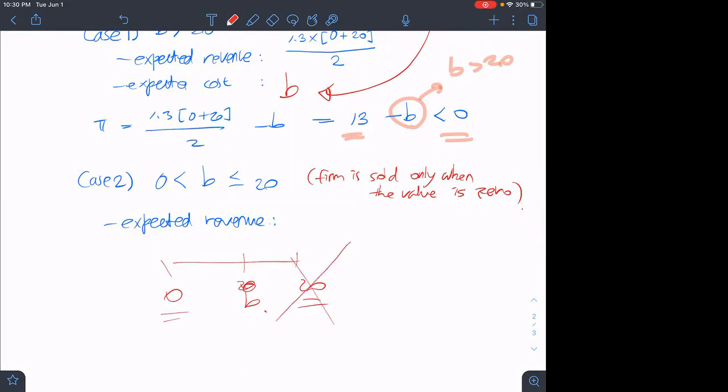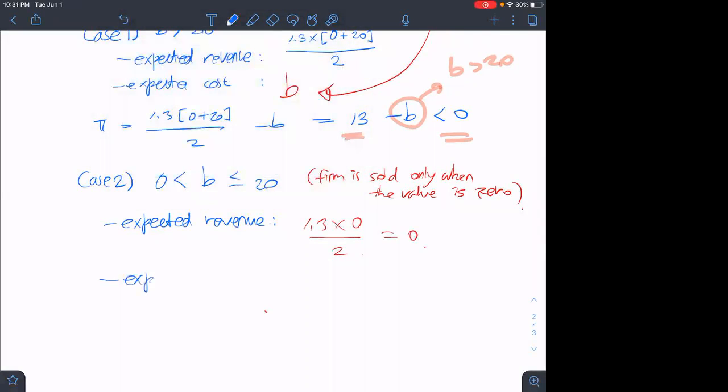So the firm will never be sold if the value was 20. So we only think about the case when the value is 0. So expected revenue should be 1.3 times 0, divided by 2. This is 0.